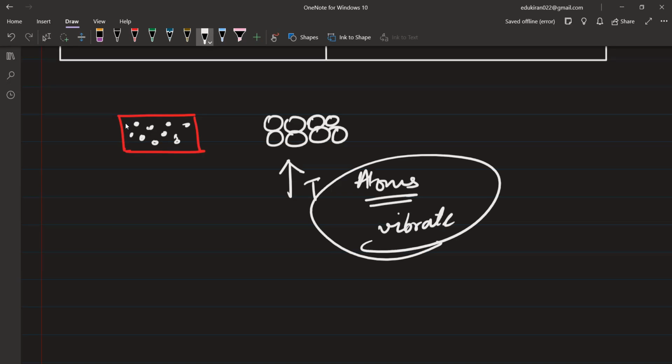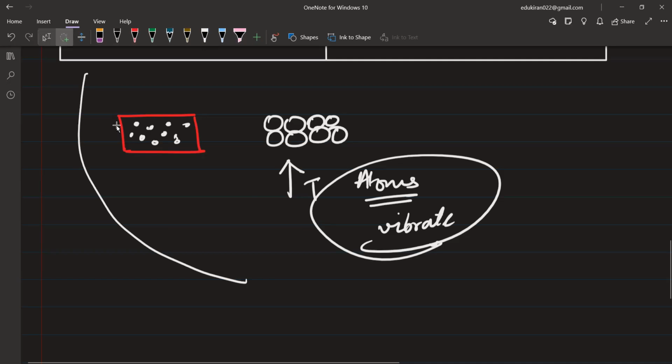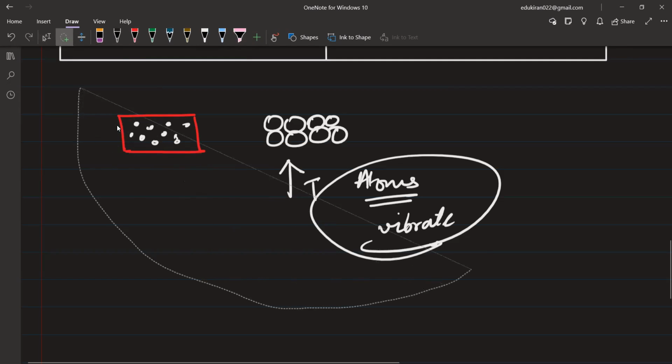This vibration of atoms creates a hindrance for the movement of electrons. When the atomic vibrations are very high and they vibrate very fast, it creates a hindrance for the electrons to move. That is why when we increase the temperature, there is a decrease in metallic conductance.